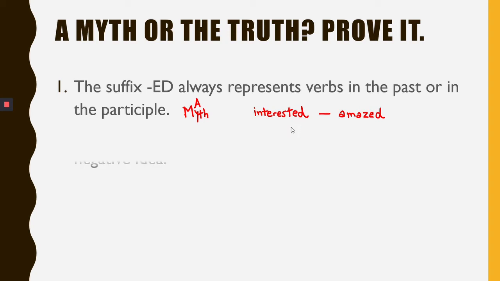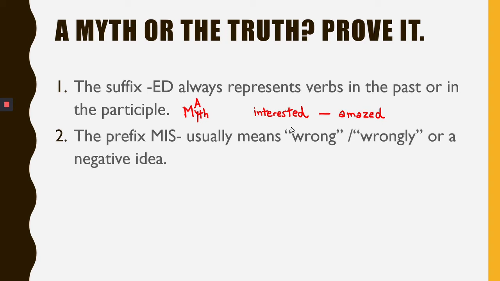The second one: the prefix mis- usually means wrong or wrongly, or a negative idea. What do you think? It's the truth, and I will show you. We have, for example, a misunderstanding.